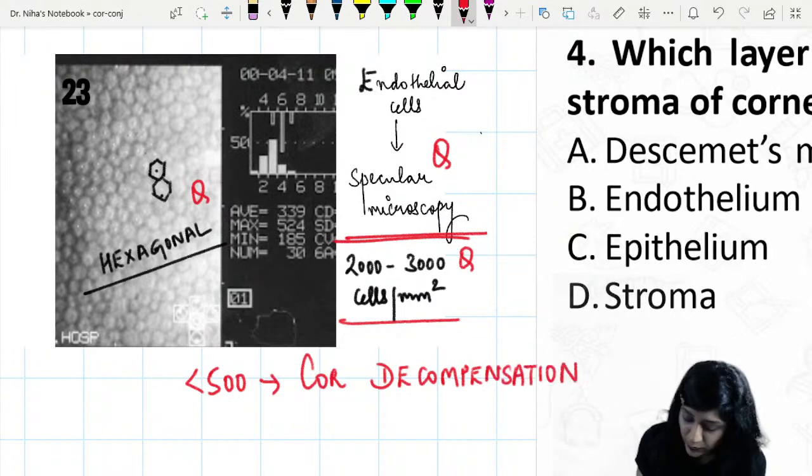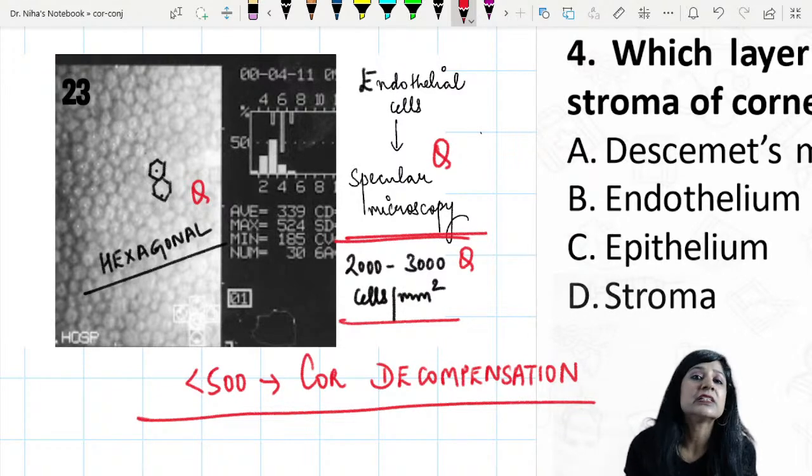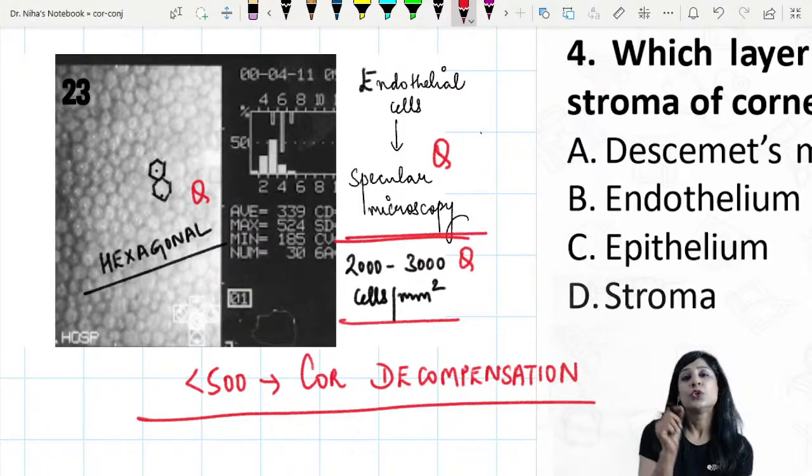It is very, very important. So whenever we have a lower number of cells, less than 500, there will be corneal decompensation. So it is very important to do this test before corneal transplantation.